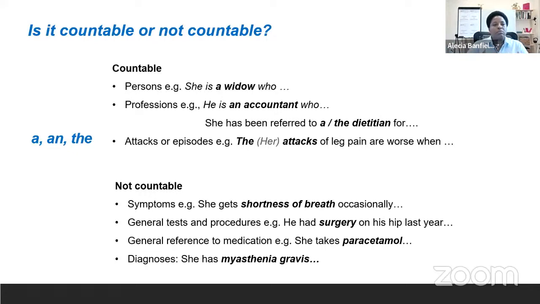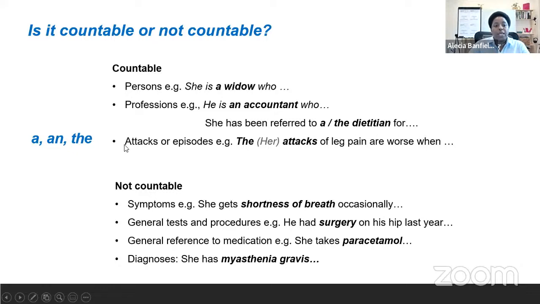So countable, for example, people, persons. She is a widow, or she is a 19-year-old office assistant.